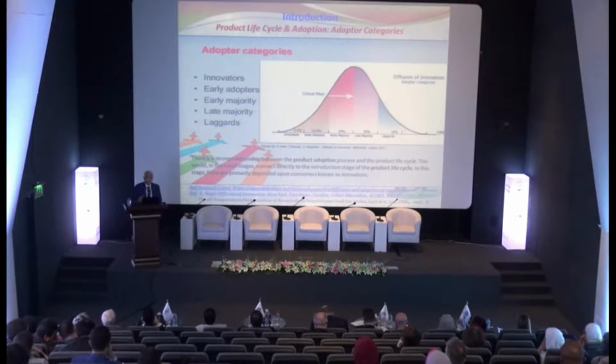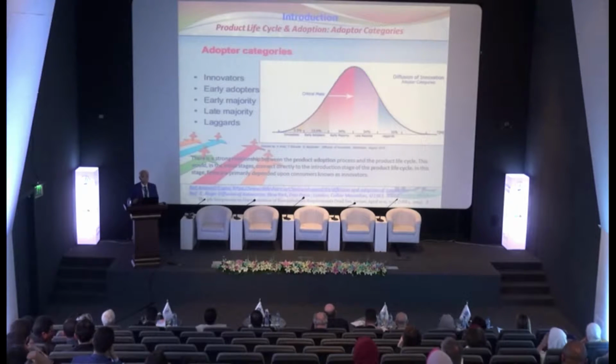There is a strong relationship between the product adoption process and the product life cycle. This would, in the initial stages, connect directly to the introduction stage of the product life cycle. In this stage, firms are primarily dependent upon consumers known as innovators.